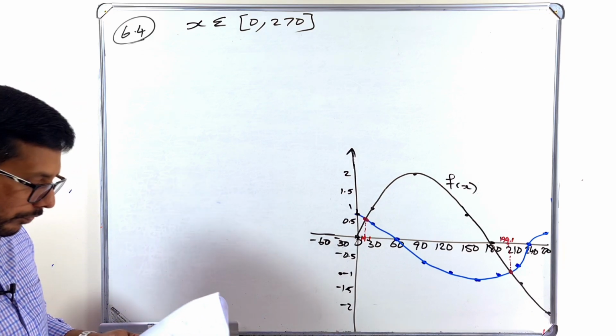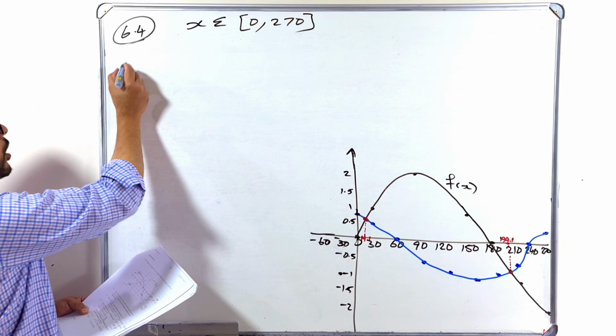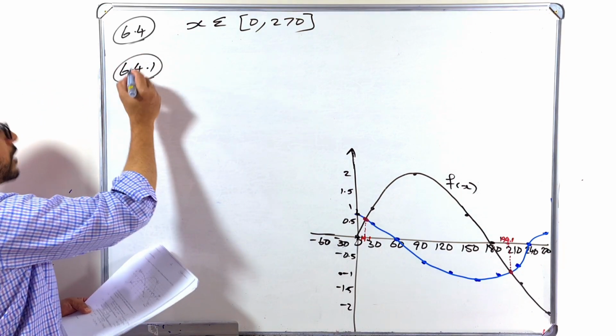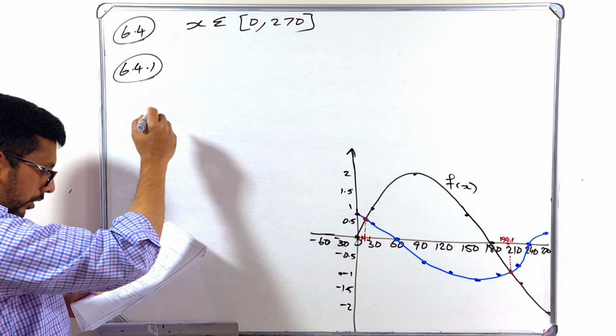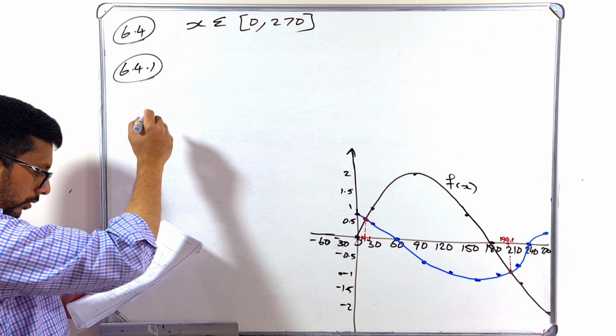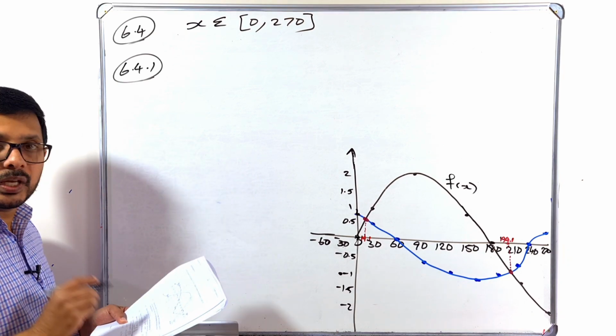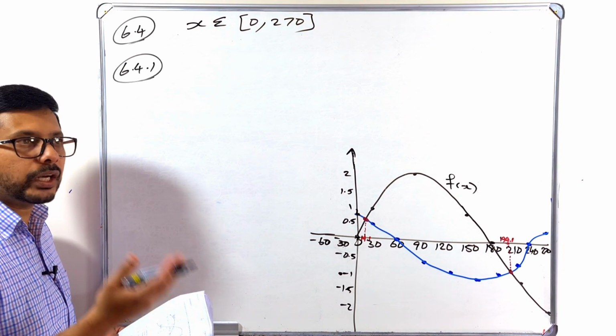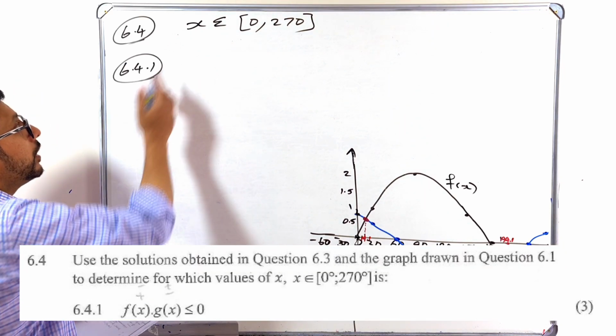Okay, so what is the first question? 6.4.1. What is that question? f of x times g of x is less than or equal to 0. You have to determine the values of x.